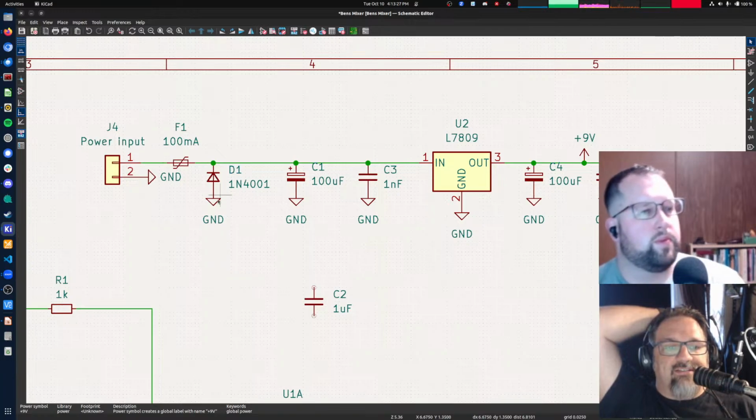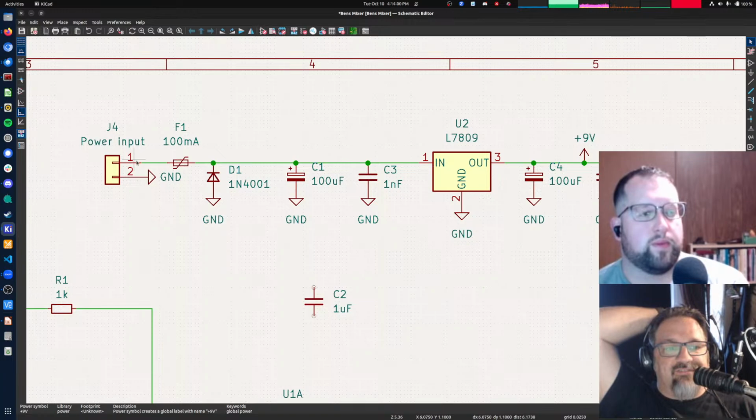What that'll do is draw a whole bunch of current through ground, over here, that way through your diode, and that whole bunch of current will flow through the fuse, through the input connector, and will pop that fuse. So if you hook up your voltage backwards here, that fuse will pop because you've basically just shorted your minus 12 volts to ground directly. And so that's going to pass a whole bunch of current through there and pop that fuse.